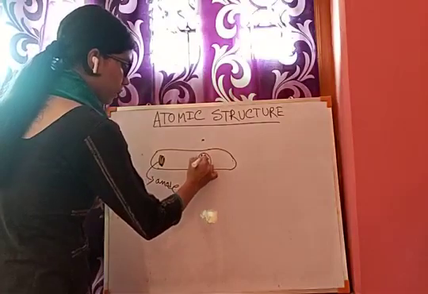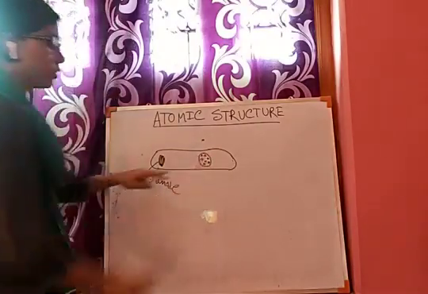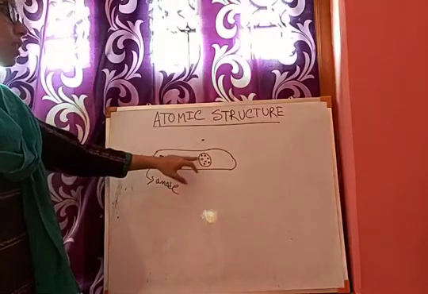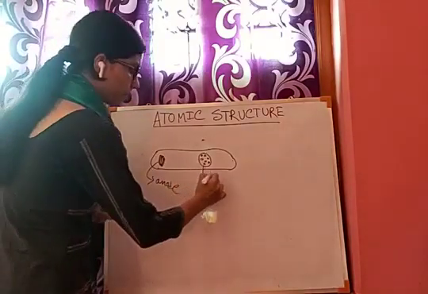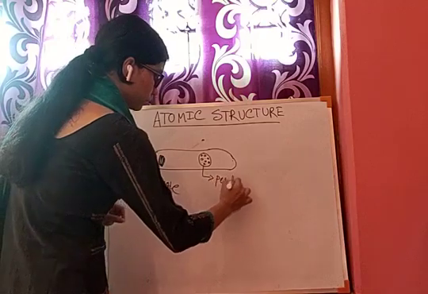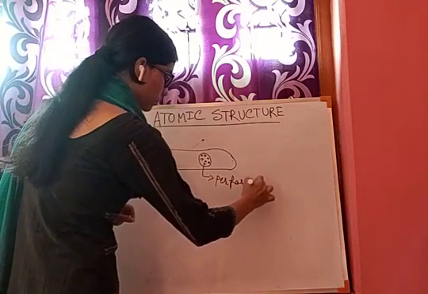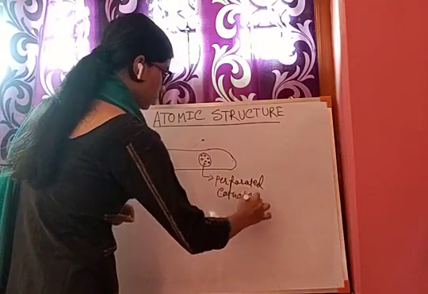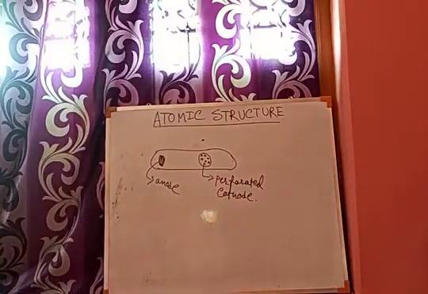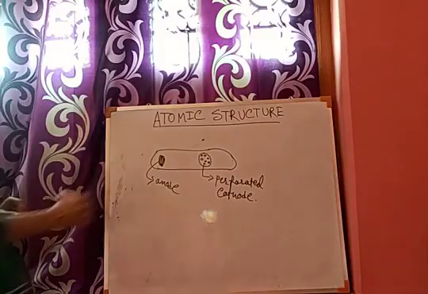That is, a cathode containing holes. A cathode containing some holes is known as a perforated cathode.